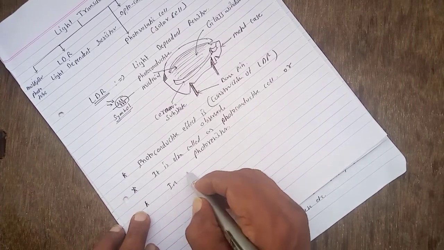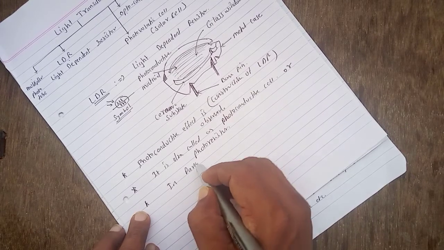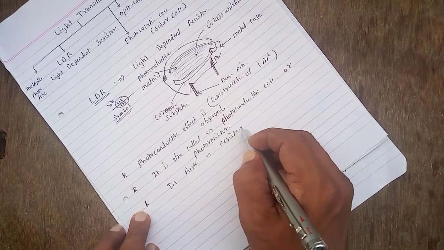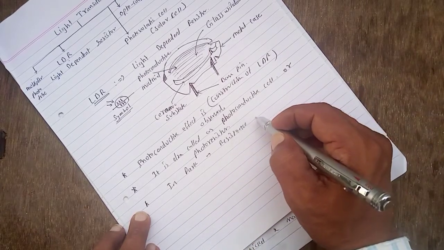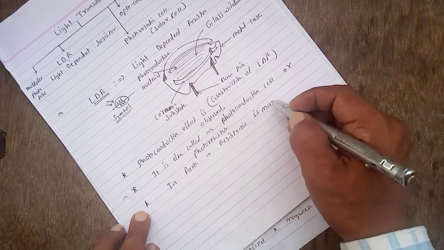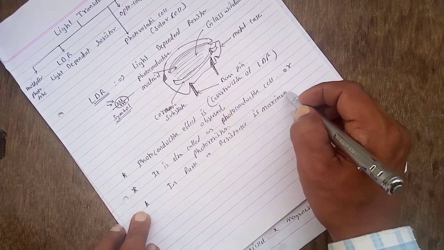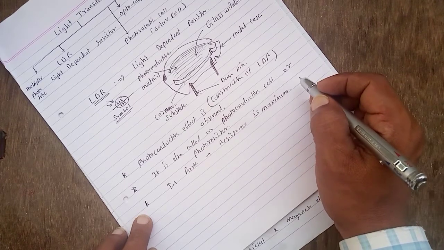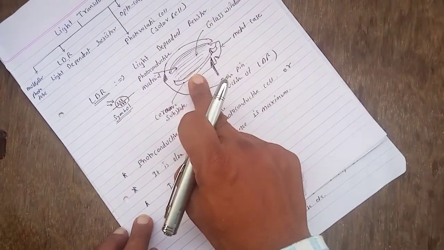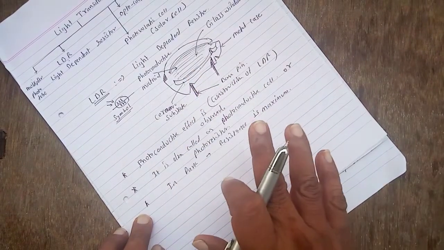The third point: in dark, the resistance of this LDR is maximum. When electromagnetic radiation, which means light, is incident on this LDR, its resistance decreases.